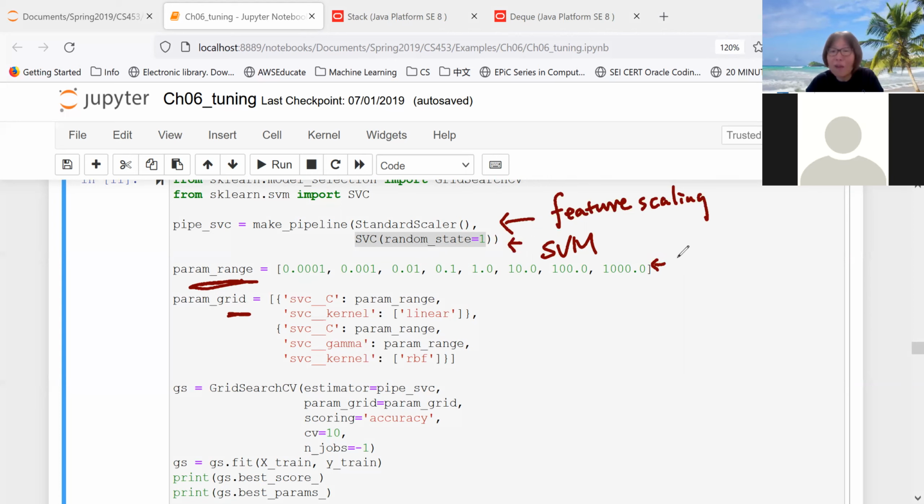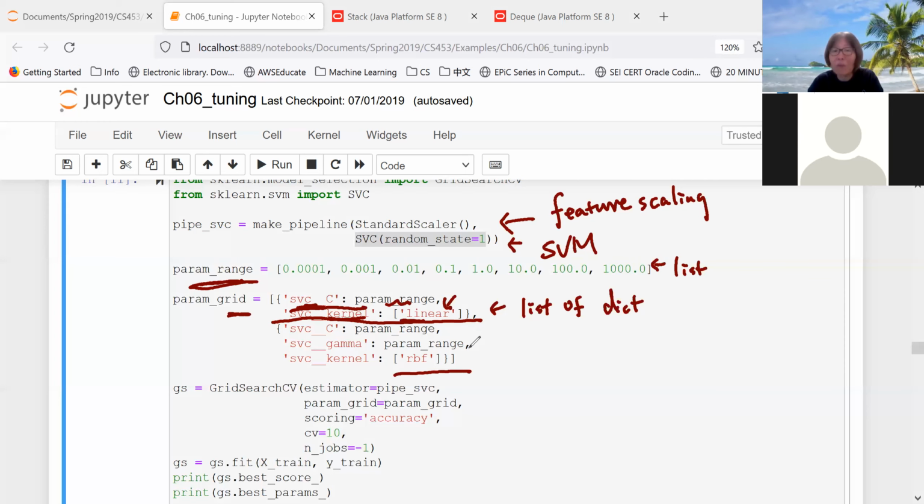This is a Python list, and inside it you have Python dictionaries, with key and value, key and value, etc. The first part is regarding linear SVC, and the second part is regarding the kernel SVM.